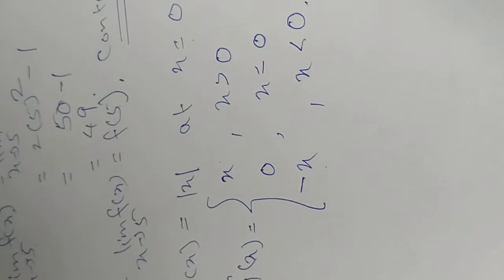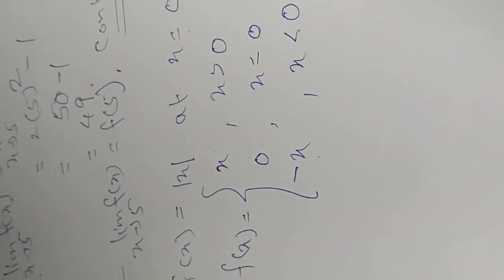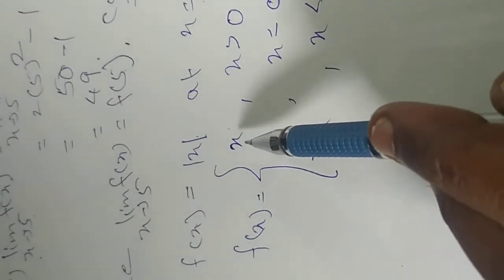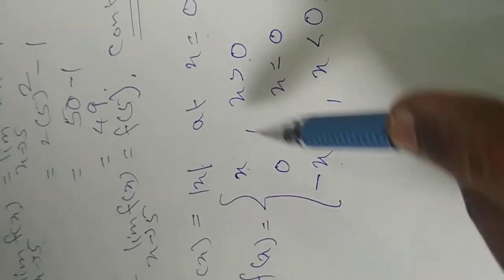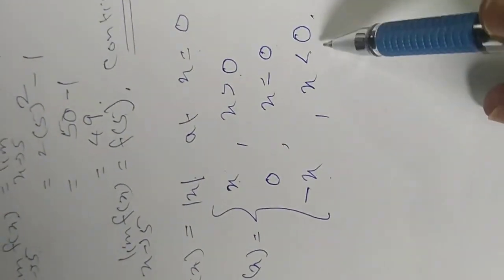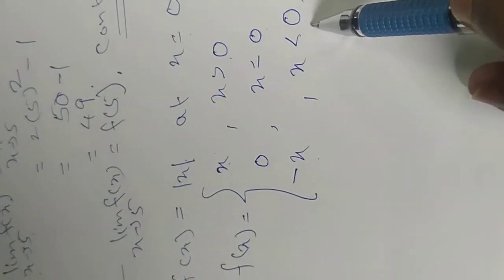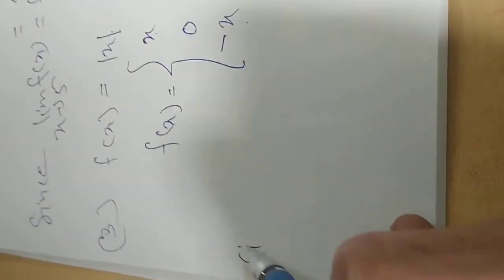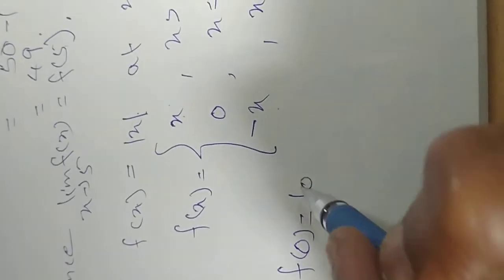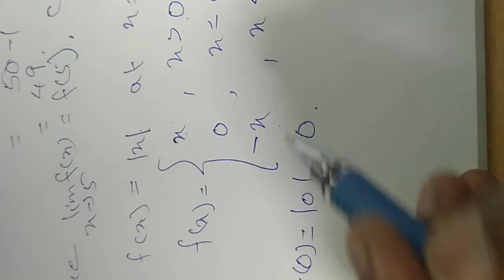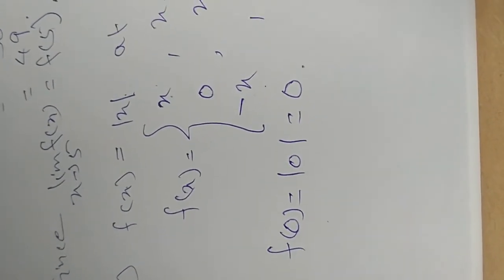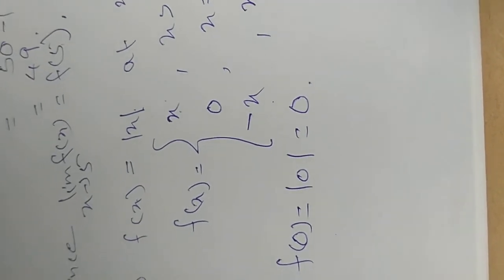First condition is f(0) equals mod of 0, which equals 0.